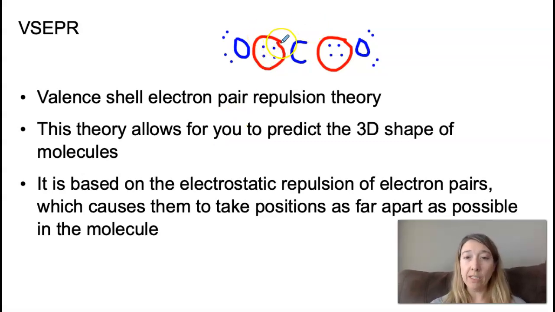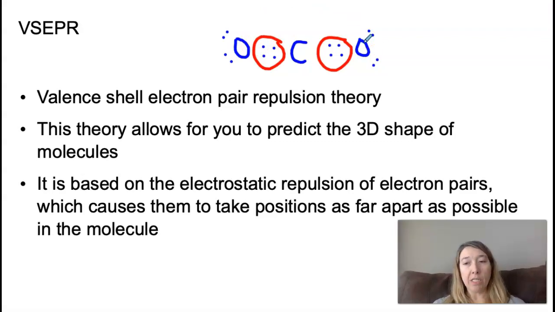So what we find is that this pair, or I guess two pairs, are going to repel these other two pairs. They want to position themselves so that they're as far apart as they possibly can. They don't want to be smushed together, which is why I've drawn an O on each side instead of one up here and one down here, because then they would be really close together, even though there was an option to put them further apart, okay?